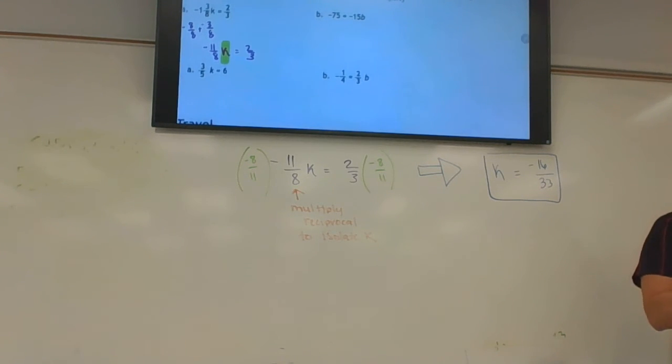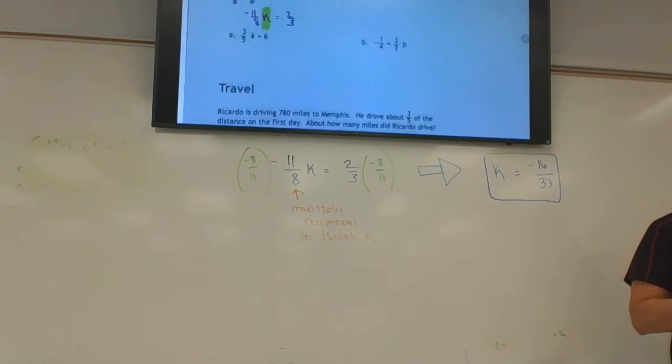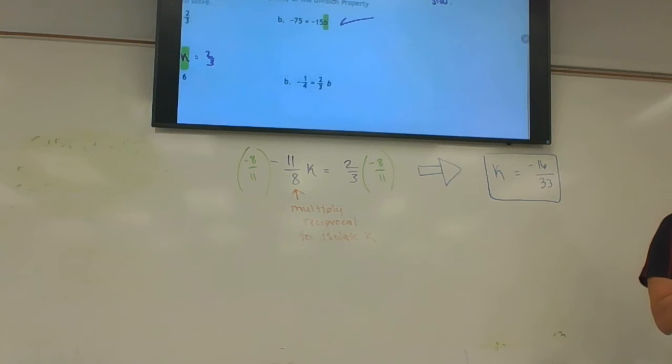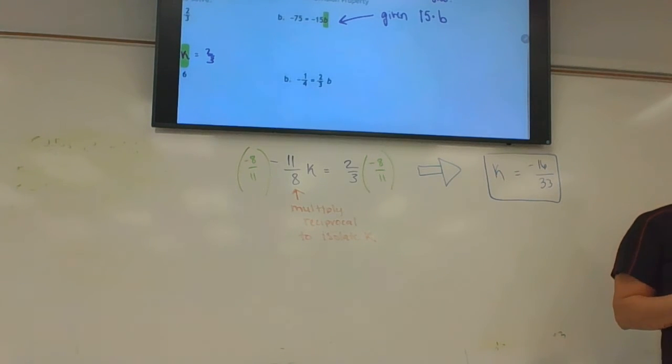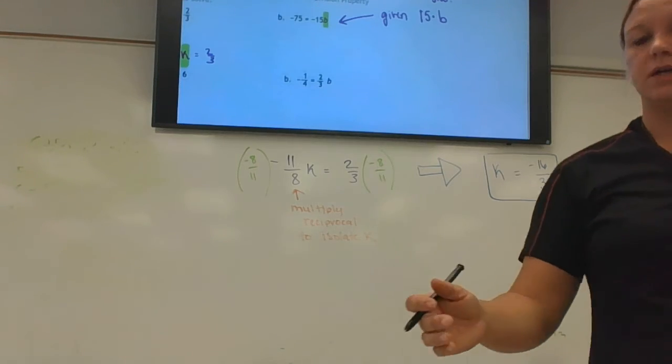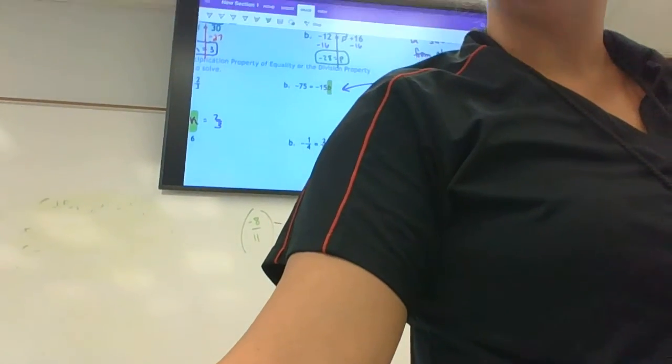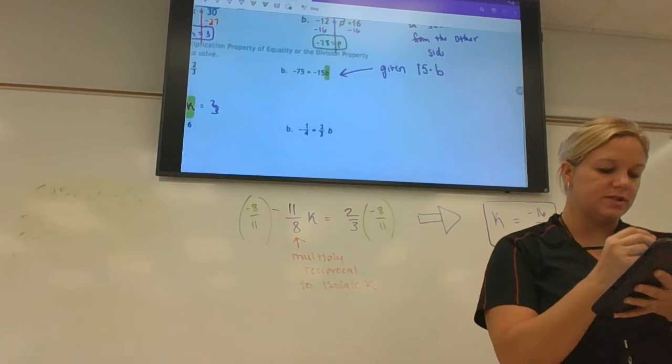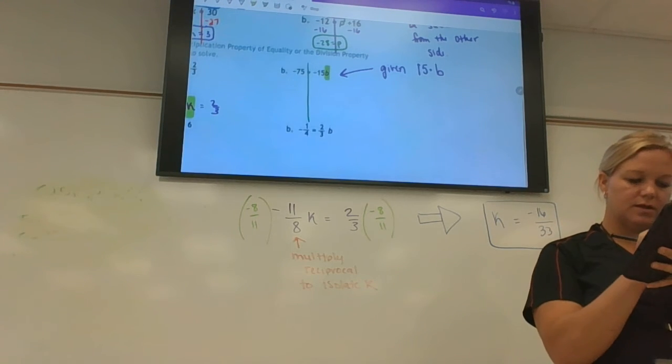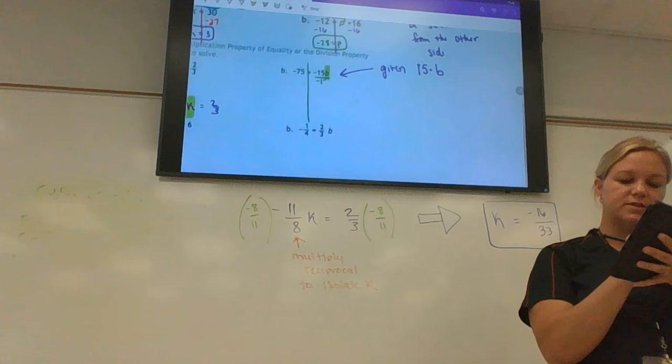Letter B. This is 15 times B. What's the opposite of multiplying by 15? So we're going to do opposite operations. We're going to divide by 15 to cancel 15 out on both sides of the equal line. We're going to take it with us.